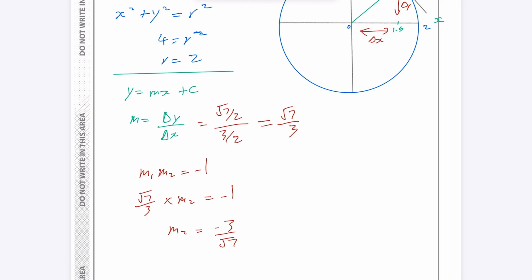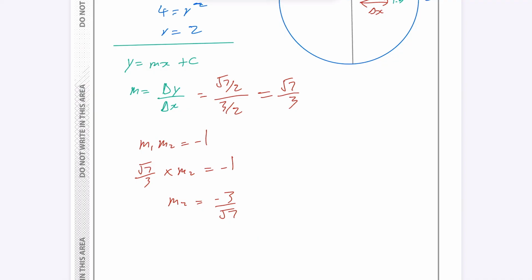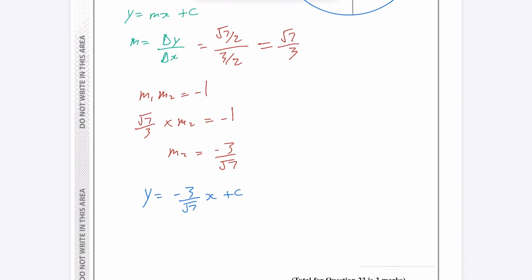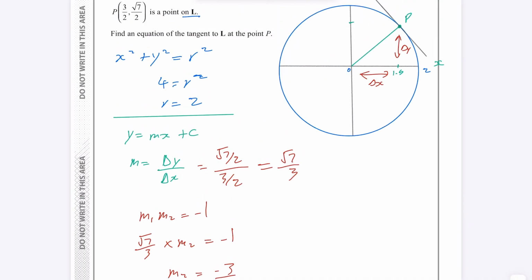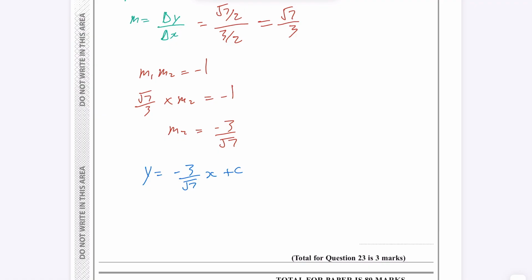So now we know the gradient of the other line. We can write the equation as y is equal to minus 3 over root 7 x plus c. But we still need to find what c is. We know they both share one point in common, and that's point P. So if we put the coordinates for point P into this equation, we end up with root 7 over 2 is equal to minus 3 over root 7, and x at this point is 3 over 2, plus c.